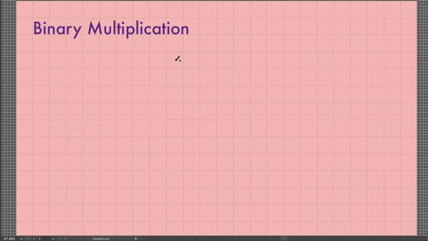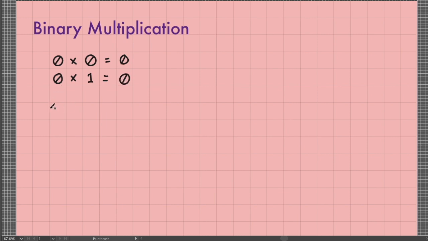Binary multiplication is similar to multiplying integers with values 0 or 1. For example, bit 0 times bit 0 is equal to bit 0. Bit 0 times bit 1, this is equal to bit 0.